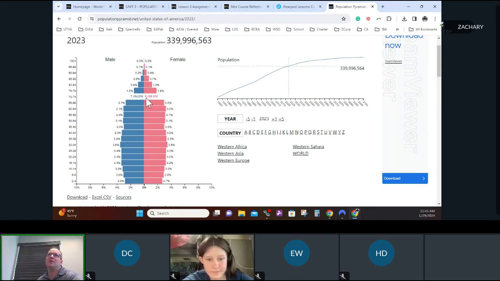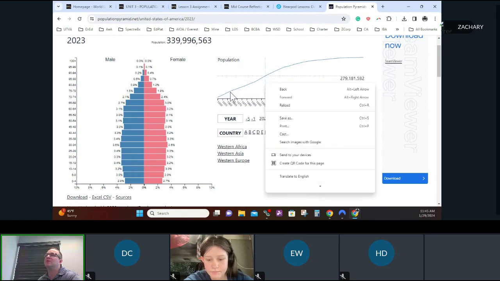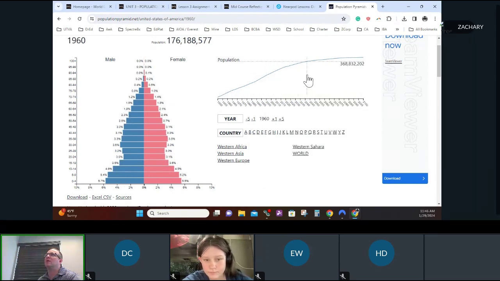But your likelihood that you're going to live to about 70 is pretty good. So kind of interesting here. Most people live to be at least 70, but we're having less and less kids. So how is that going to affect the populations? You can see here that we're going to go all the way till about 2050, and then it's going to there.